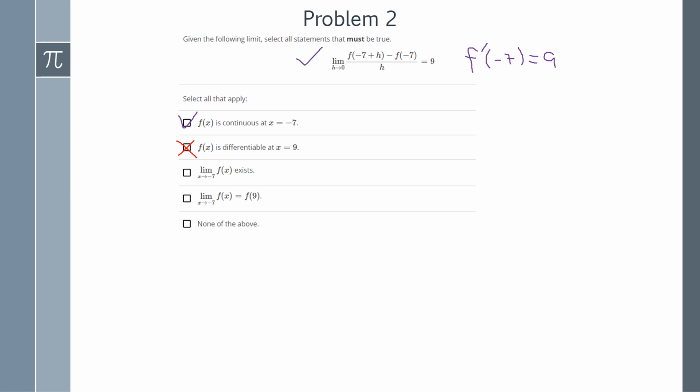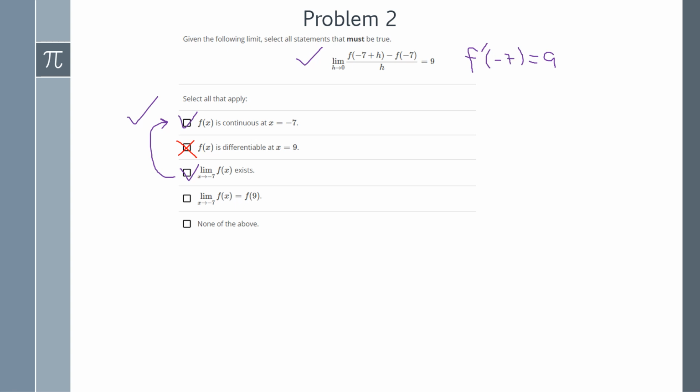That's given by this limit right here, which implies continuity of this function at -7, and that means this limit also must exist because it is one of the three conditions for a function to be continuous at a point. So what is our justification for this one? It's because this statement is true. Let's see. What about the fourth statement?